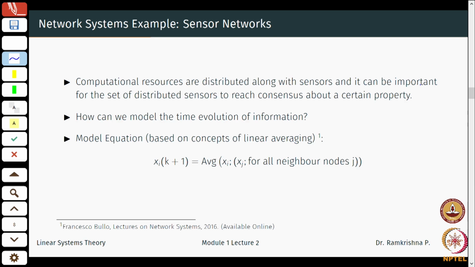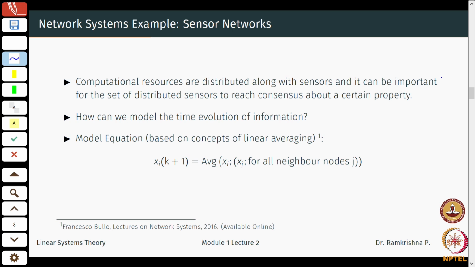Okay, so let us see, well, how do I model this, right. So, before I even build a sensor network, and equip it with all the computation and communication aspects, even before I do that, what do I need to be careful of, right. So, what is important is that if I put say 5 temperature meters across a region, do they reach consensus about the temperature, that the temperature of this region is say 32 degrees.